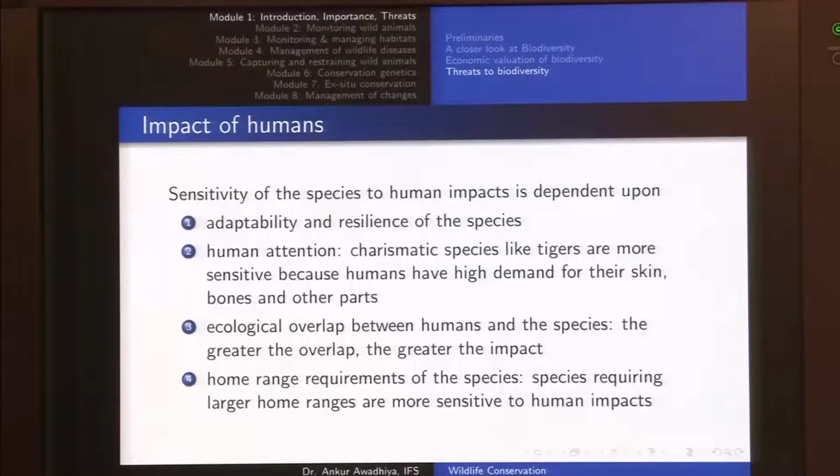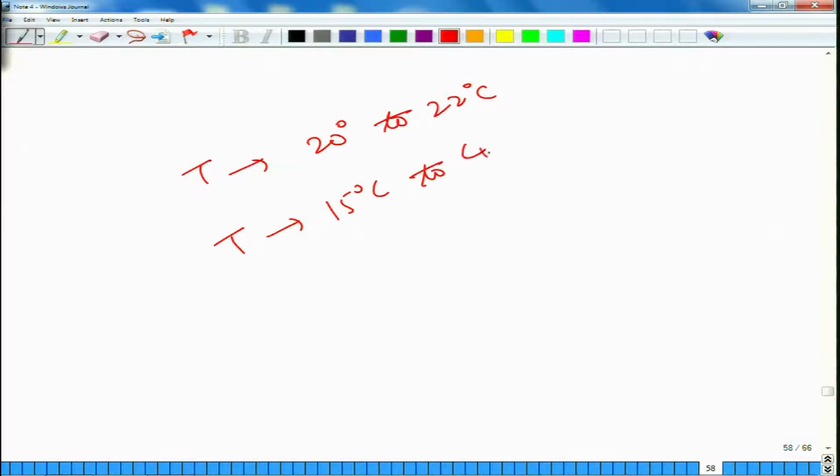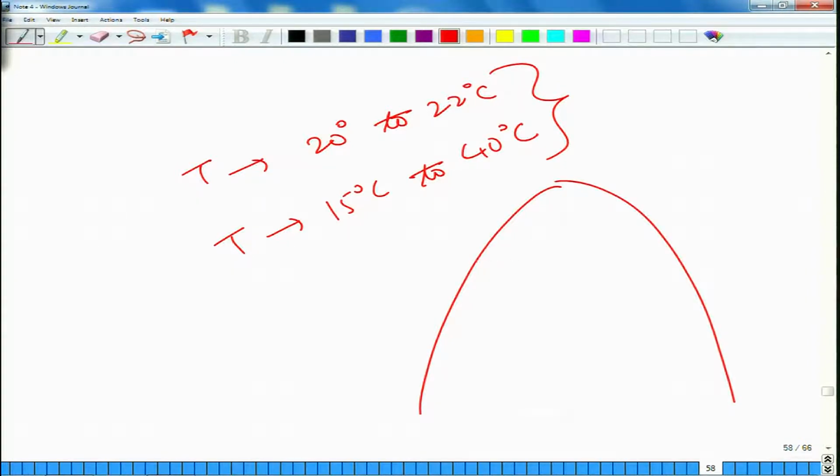So, for instance, if we have a species that can tolerate temperatures of say 20 degrees to 22 degrees Celsius, and there is another species that tolerates a temperature of say 15 degrees Celsius to say 40 degrees Celsius. Now, both of these species are living in a mountain area in which we have this small band that has a temperature of say 21 degrees Celsius.